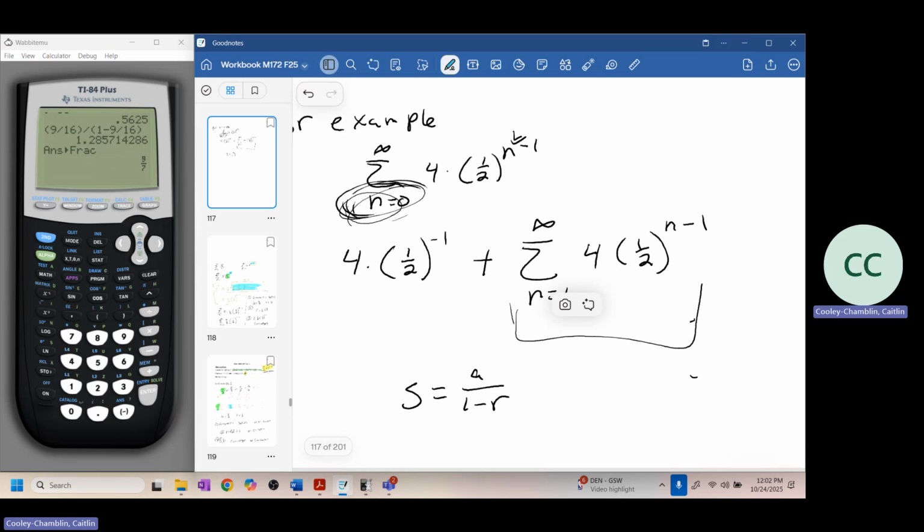So you then want to get your series started at n equals 1 to infinity. So our sum for this problem would be 4 times 1/2 to negative 1 plus our a is 4 over 1 minus our r, which is 1/2.